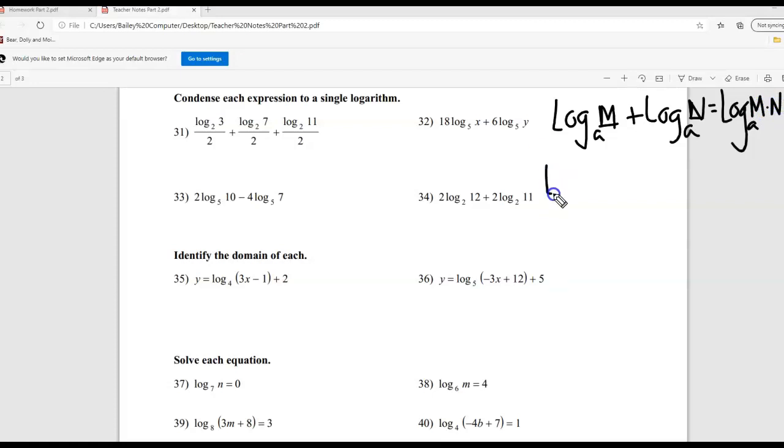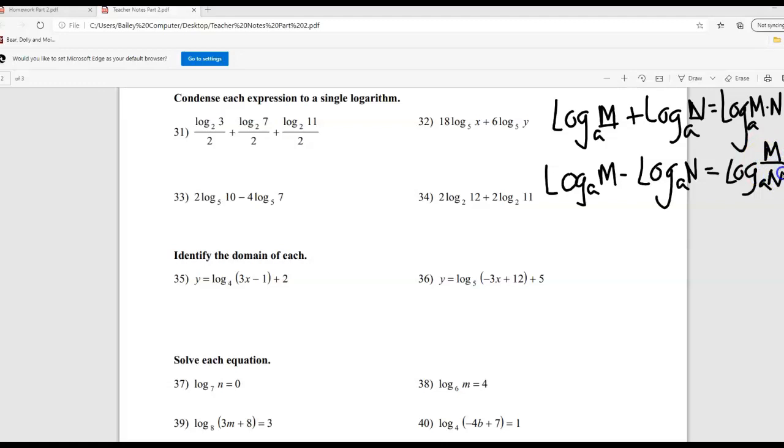Another log rule is kind of the same. It's where you would be subtracting these instead. Now, when you're subtracting them, you could write that as one log with the same base of a, where the two arguments are being divided.